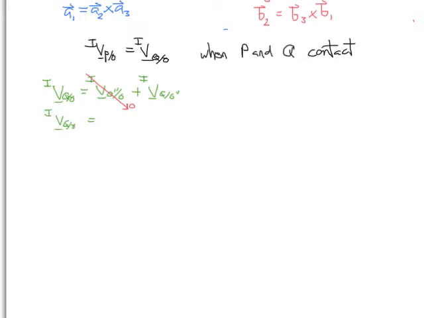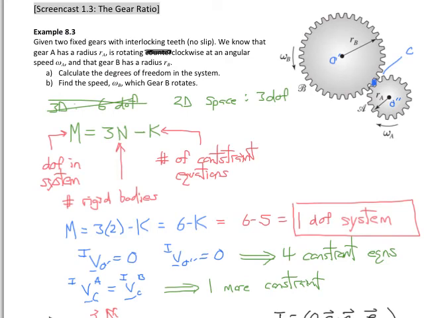So that means we only have the rotational component left, which is omega A as observed in I crossed with the position vector r sub Q with respect to O double prime. Now we know that the wheel A is moving clockwise according to our problem statement.